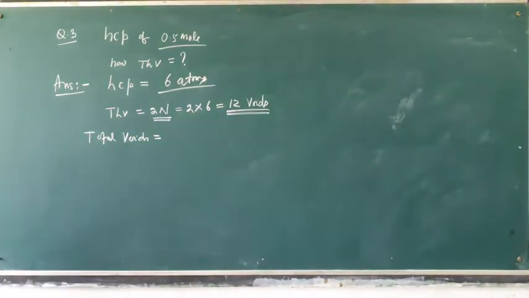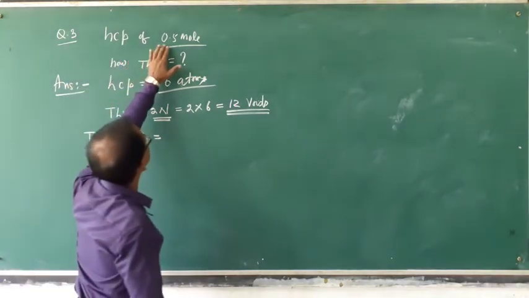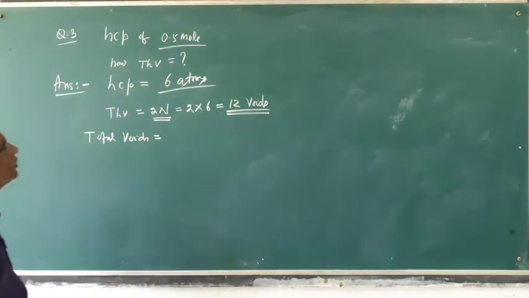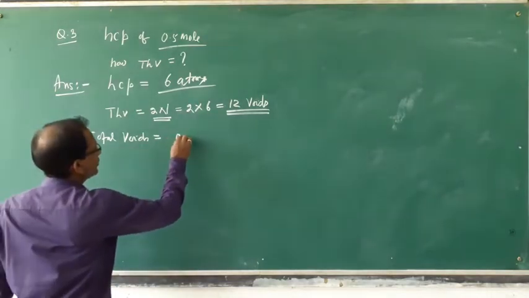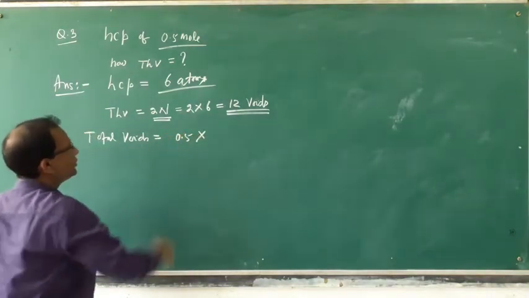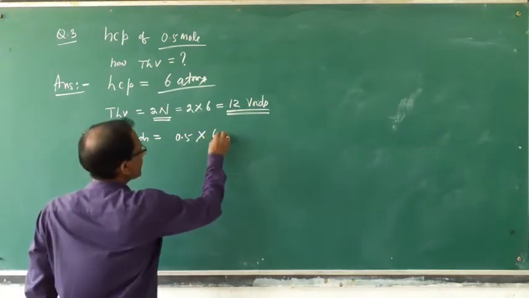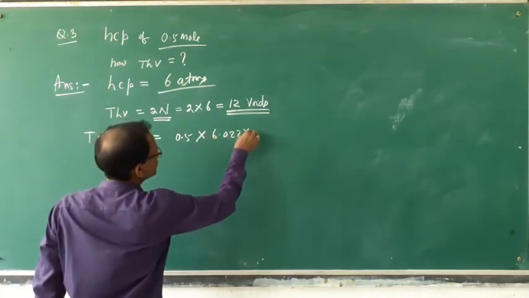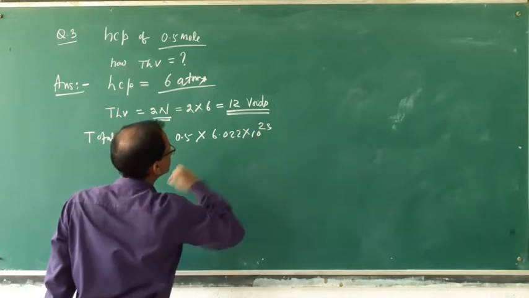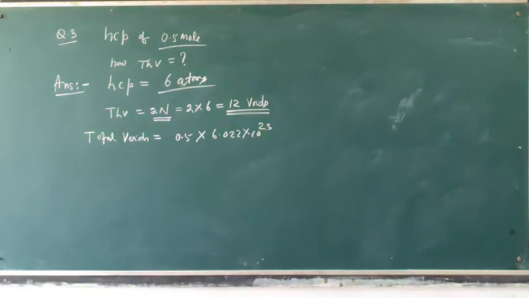So it will be how much for this 0.5 mole? 0.5 mole equals how many atoms? 0.5 into 6.022 into 10 to the power 23 atoms. This is the number of atoms.